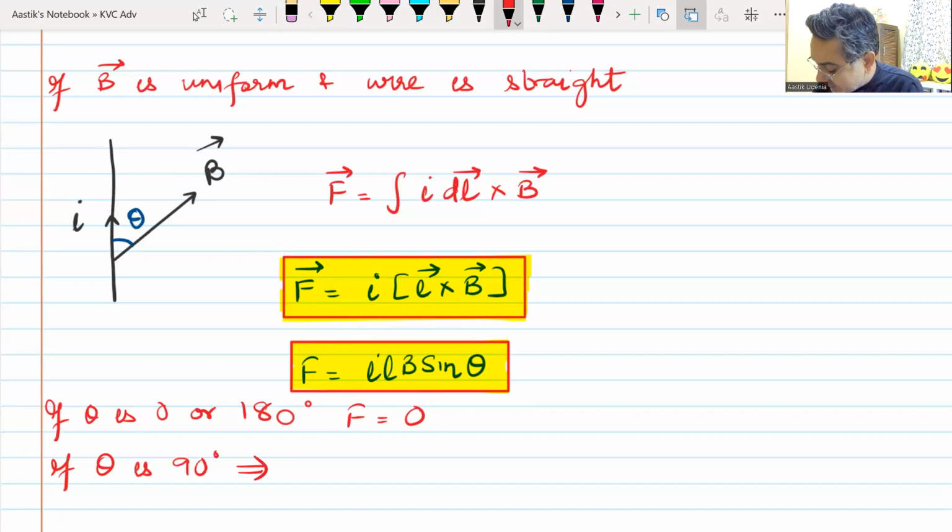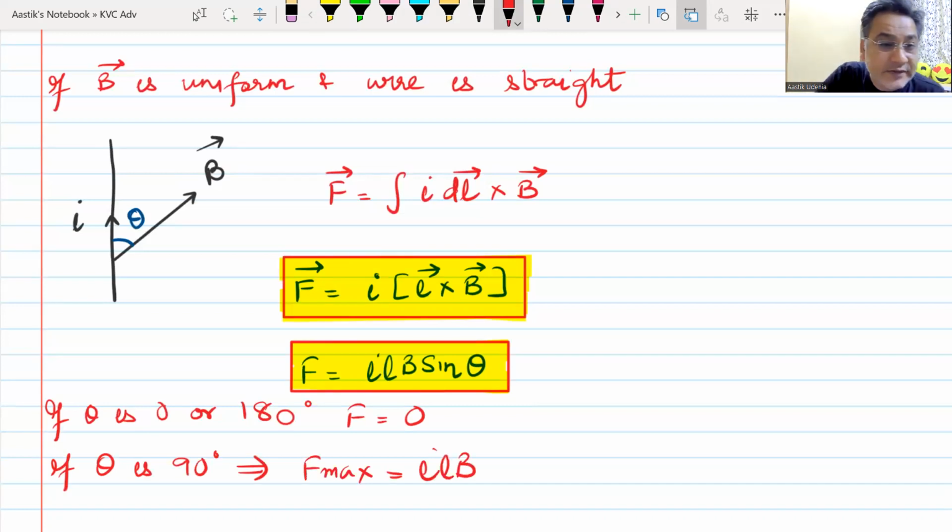If theta is 90 degrees, this force will be maximum, and the maximum force will be ILB. I'll give you 2 minutes to note this down.